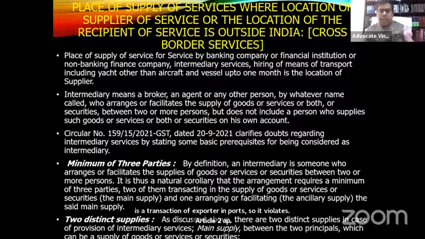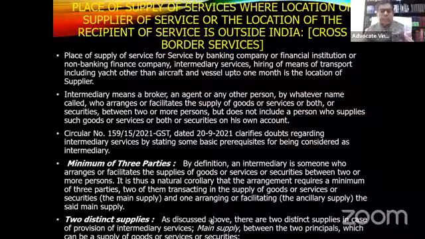Further, it was said that since the service recipient is located outside India, the service is rendered outside India, and therefore, on the principle of extraterritoriality, the government of India does not have any power whatsoever to levy tax on a transaction which does not take place within the territorial waters of India.